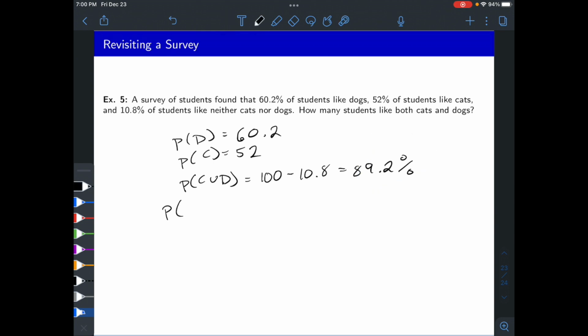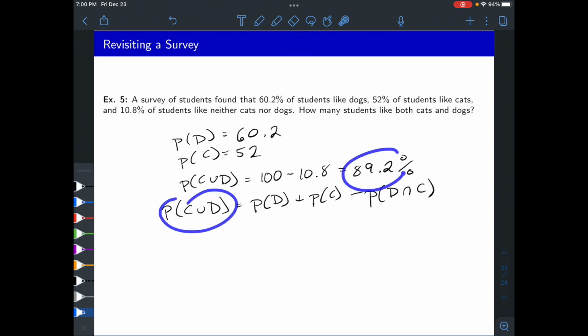We can also use inclusion exclusion to say that the percentage of cats union dogs is equal to the percentage that like dogs plus the percentage that like cats minus the percentage that like dogs and cats. And this is what we're looking for, so this is good. This we now know is equal to 89.2.